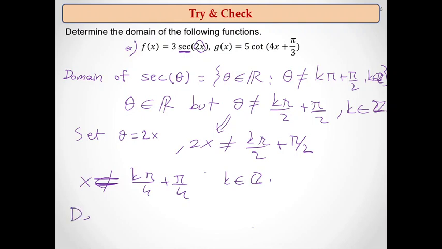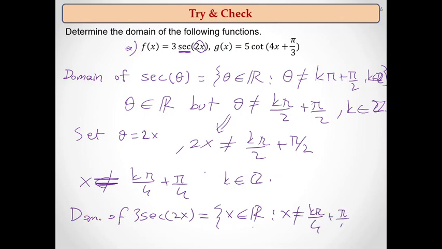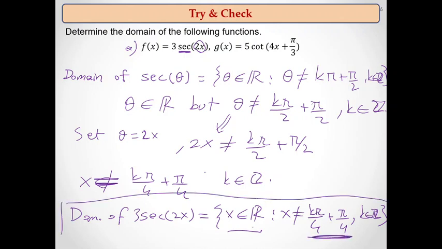You can say the domain of secant 2x is all real numbers except those. x can be anything but not these numbers. This is how to say it mathematically: x can be anything but not this type of numbers. Okay, we got the domain.